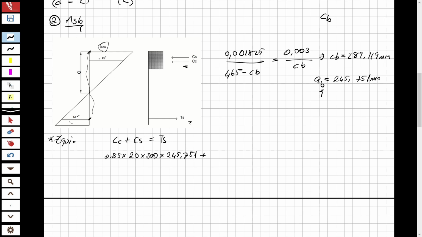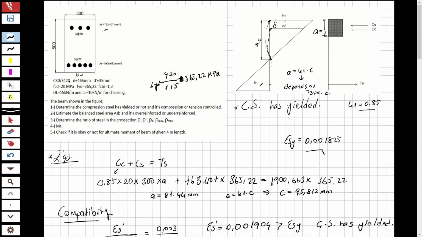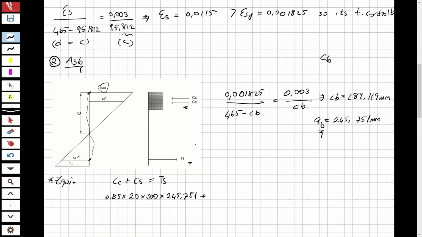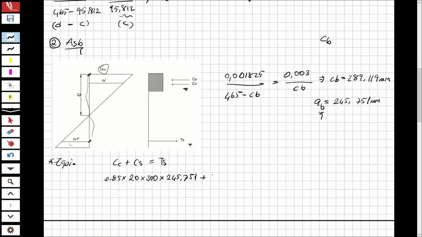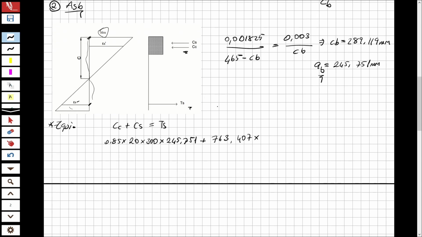What is AS prime? This is the area of the steel, the first steel, the top steel, 763.407, multiplied with... we assume that it's also yielded. If it is yielded, 365.22 is going to be the design strength of the steel.